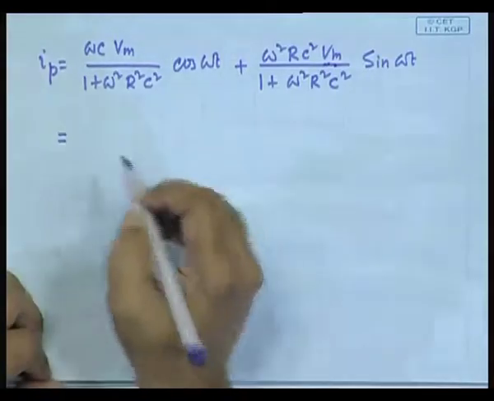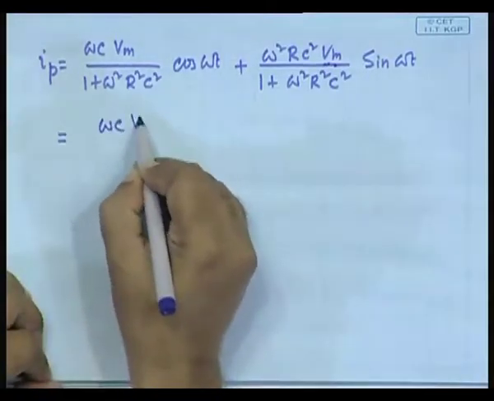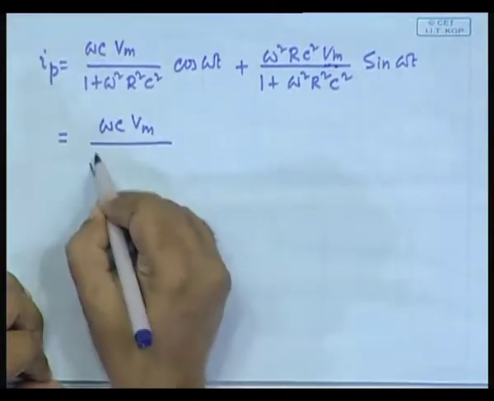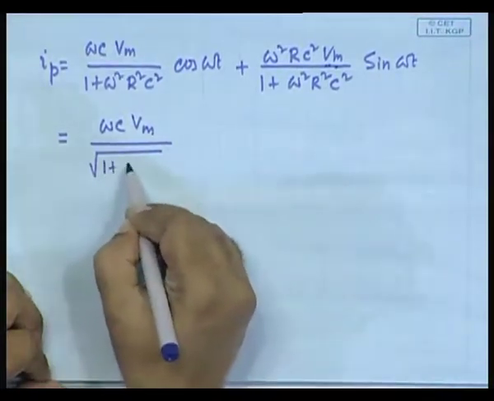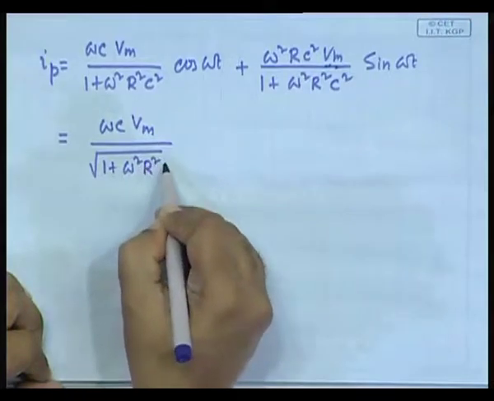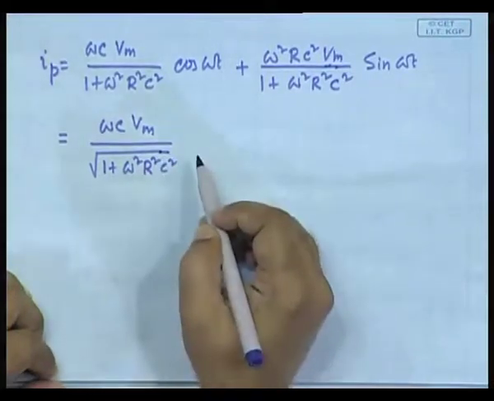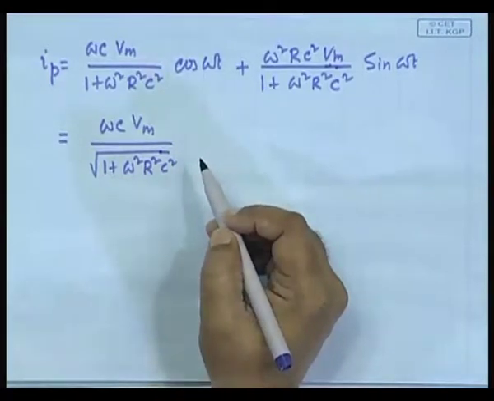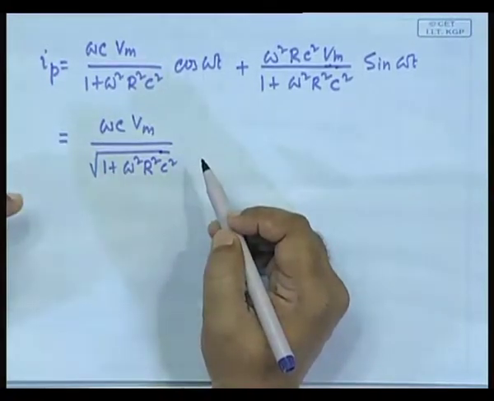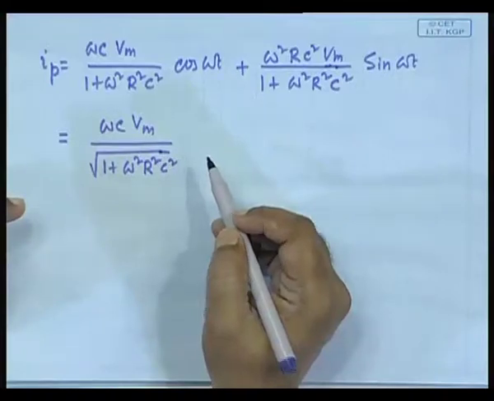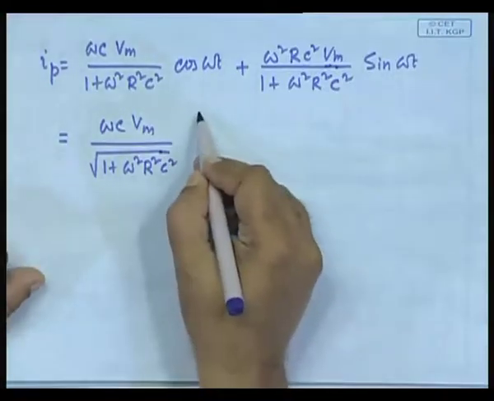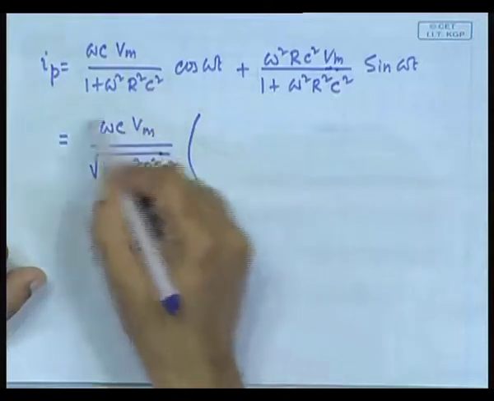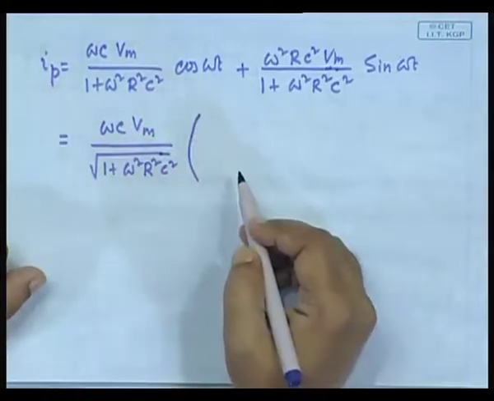Okay, what do you take out? Omega c V m by root over, and then what remains? Suppose something cos omega t. Now, if you take the whole thing common, it remains just cos omega t.